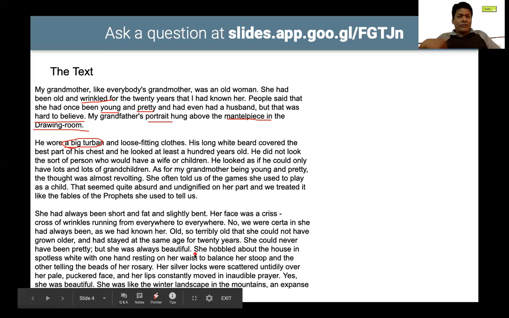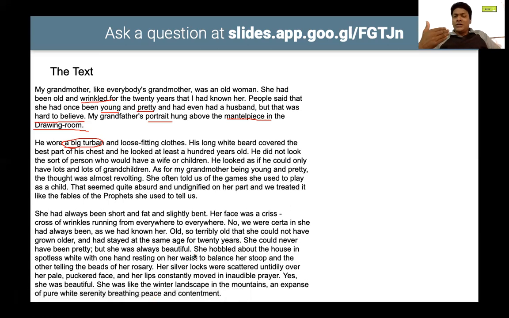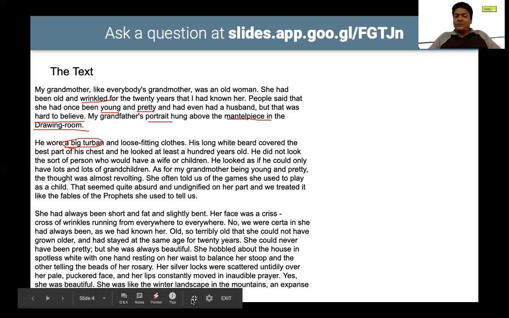Like the kind of dresses, the kind of fondness for her grandchildren. Those things can indicate the quality of the grandmother, that she could never have been pretty, but she was always beautiful, beautiful in her quality.